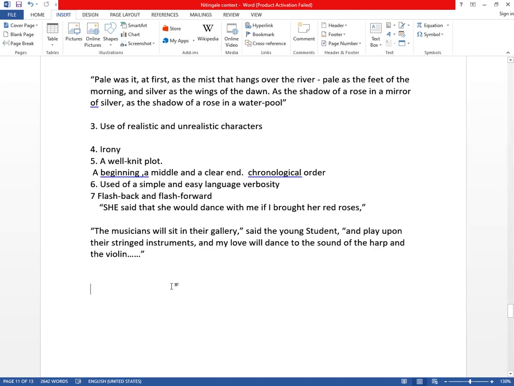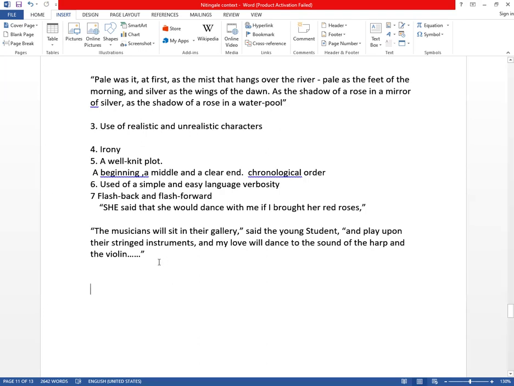Flashbacks and flash forward. Right? In the novel, in the short stories, in the dramas, whatever the writers write, they use techniques, right?